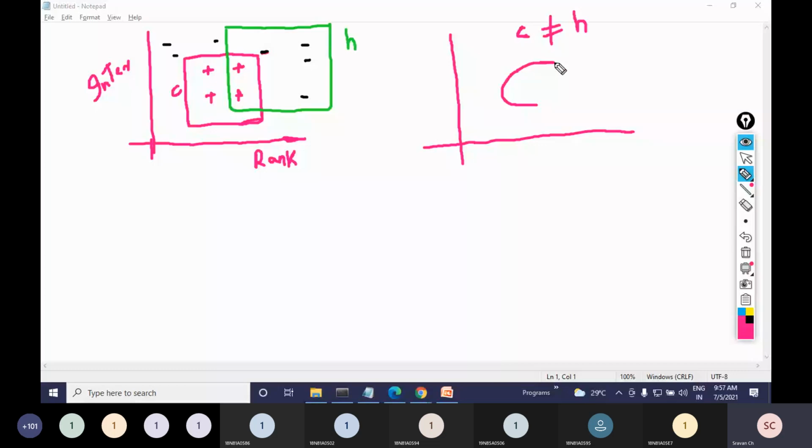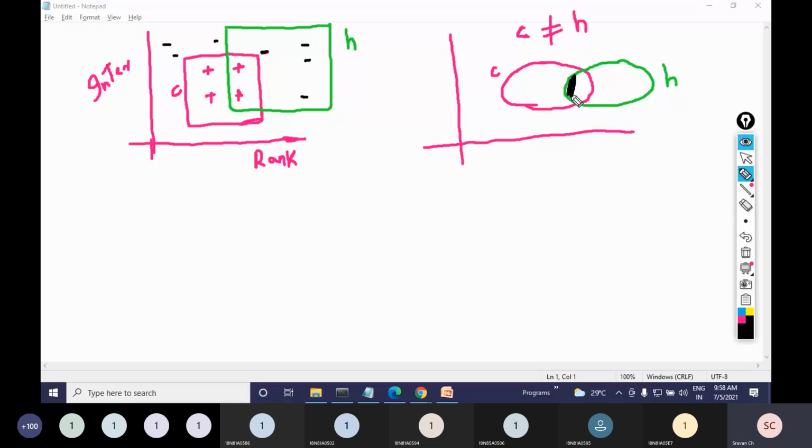This is my C, and this is my H. If you observe the portion in which C and H are overlapping, it means this is the place where my hypothesis is correct.